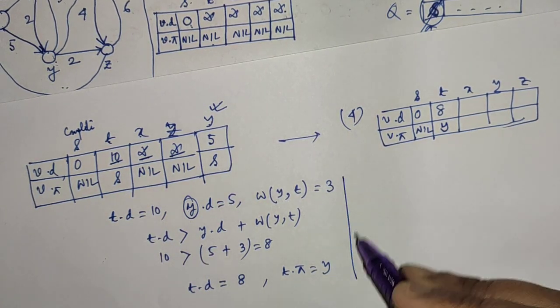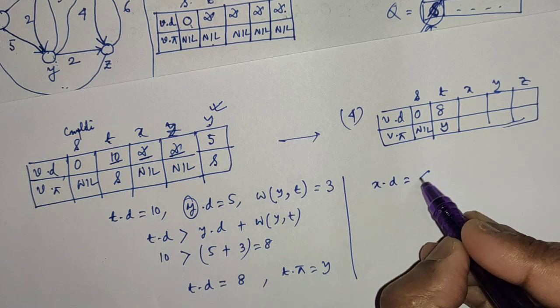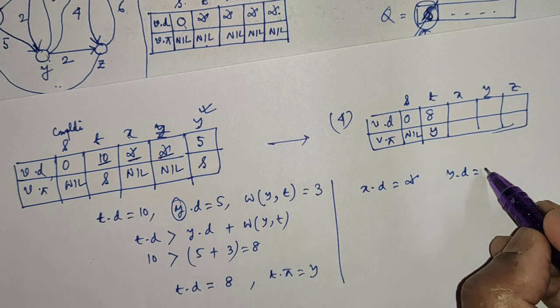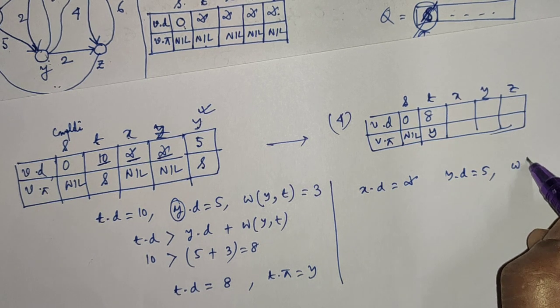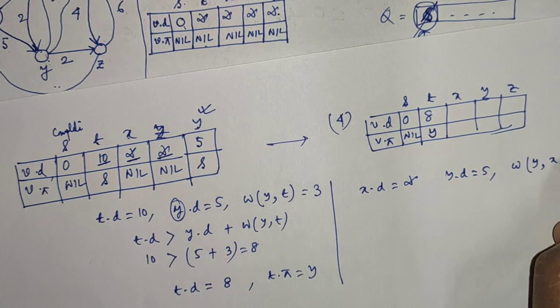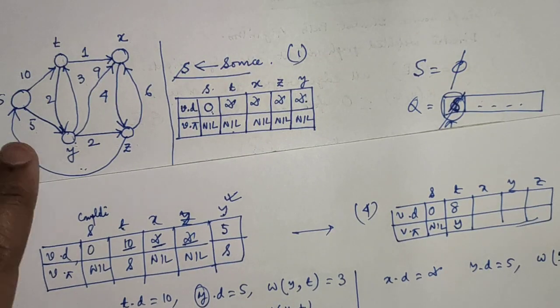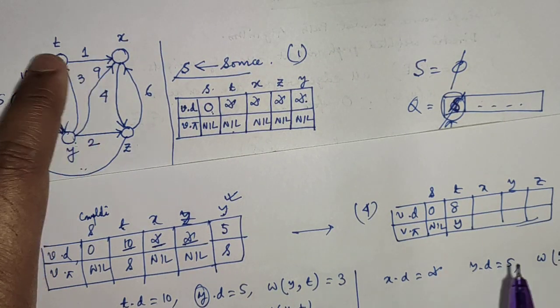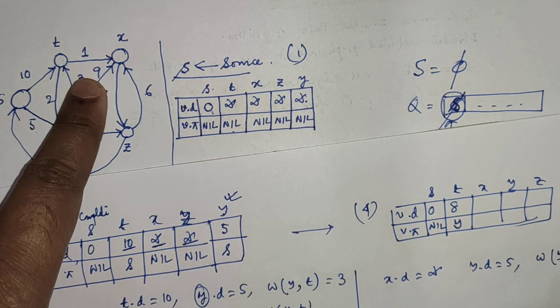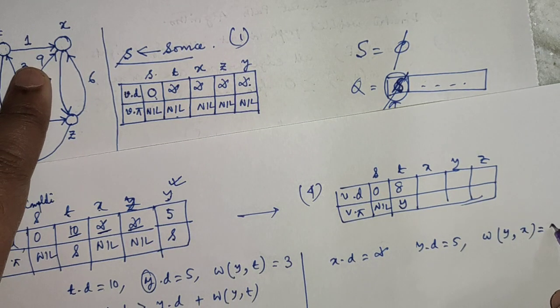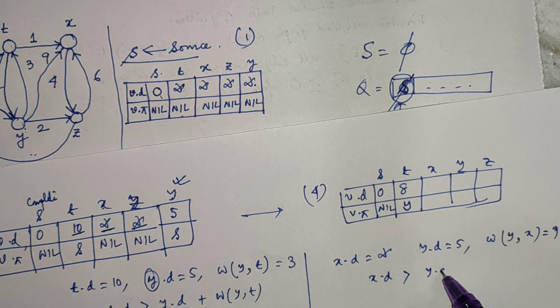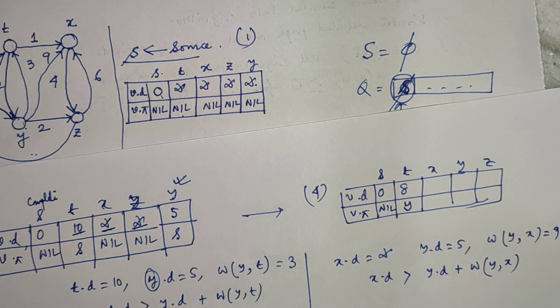Okay, x.d is infinity, y.d is 5, w of y to x, take the graph, y to x, the distance is 9. Okay, so x.d is greater than y.d plus w of yx.